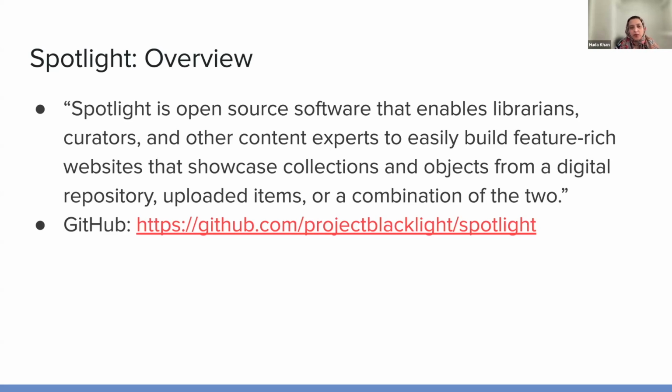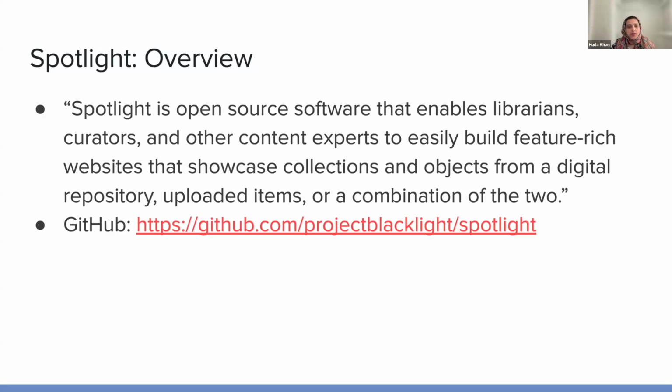So it's open source software that enables librarians, curators, and other content experts to build feature-rich websites that showcase collections and objects from repository, uploaded items, or a combination of the two. It's basically allowing people to set up digital exhibits. So it takes the Blacklight infrastructure and kind of moves it up to say, what if we could curate content and put together exhibits? And there's the GitHub for it.